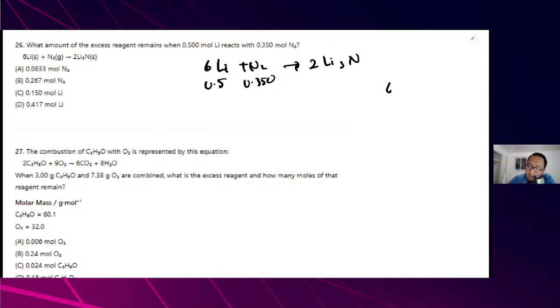For lithium, it is 0.5 over 6, while N2 is 0.350 over 1. It will be lithium becoming the limiting reactant. I'm pretty sure it will be lithium, but I need to calculate first to be sure we got the correct answer.